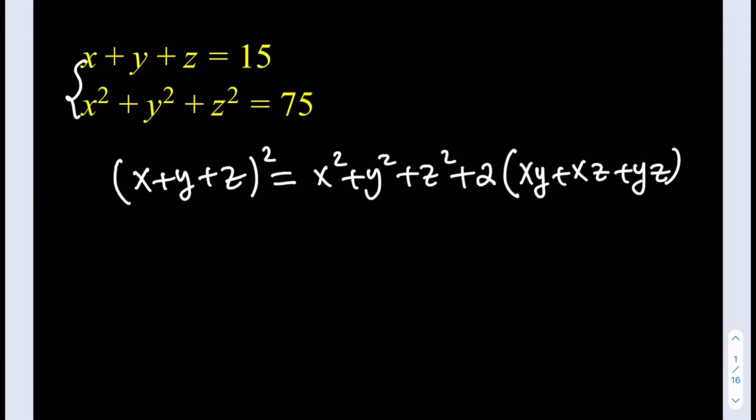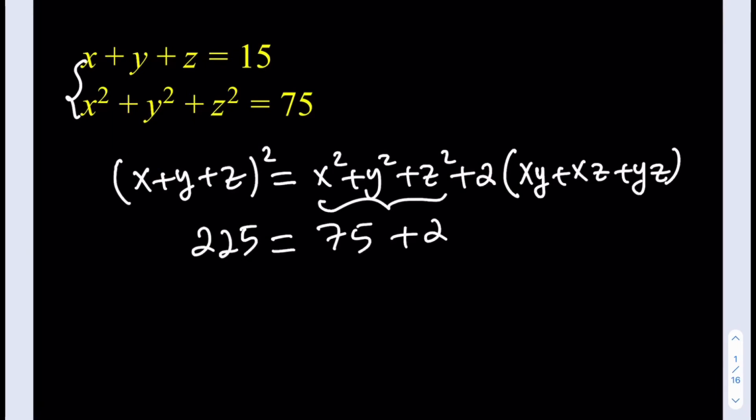But what is interesting about this problem is that we're not looking for integer solutions necessarily. They might turn out to be integers, but we don't have enough equations, so we have to do something special, right? That's what we're going to do. Okay, let's see. Now, we have the sum as 15, so this is going to be 225. And as you know, the sum of the squares is given as 75.